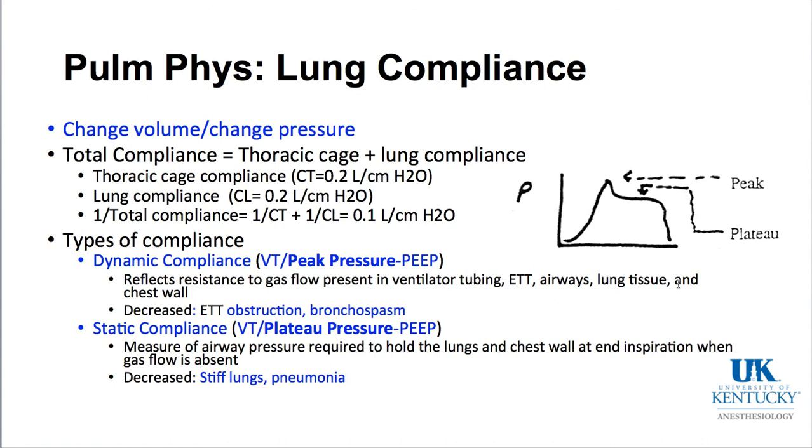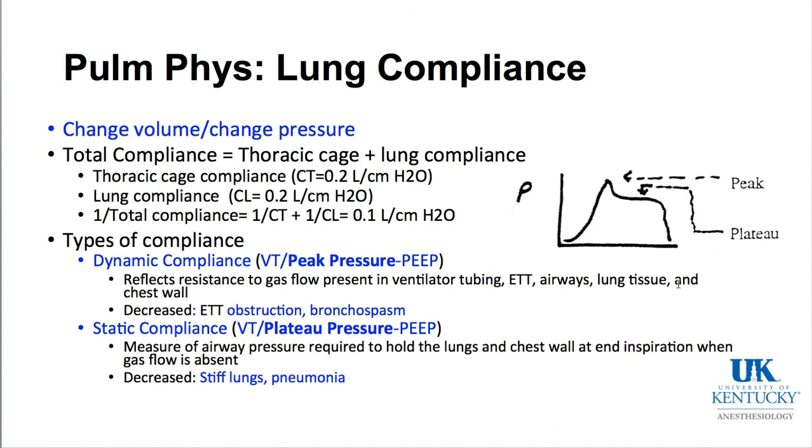The graphic on the far right shows a pressure versus time curve from ventilation, and you can see a peak airway pressure and a plateau airway pressure, and these will be important as we talk about dynamic and static compliance. These can be confusing at times.